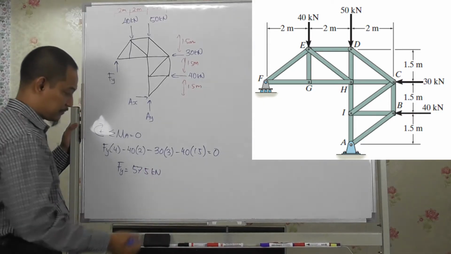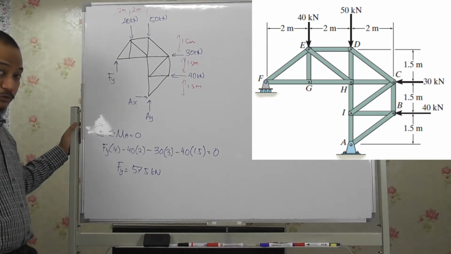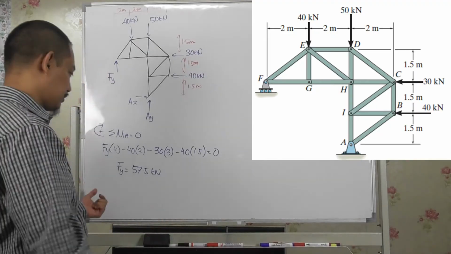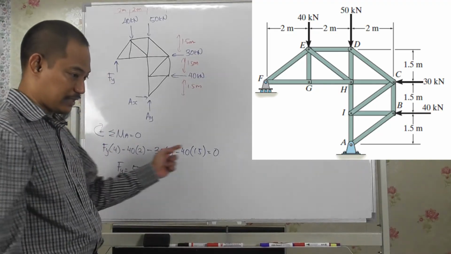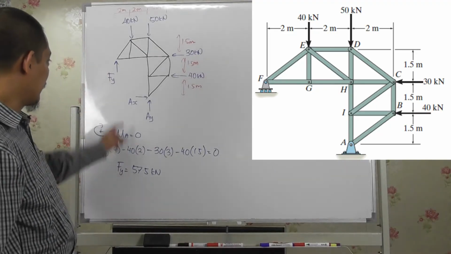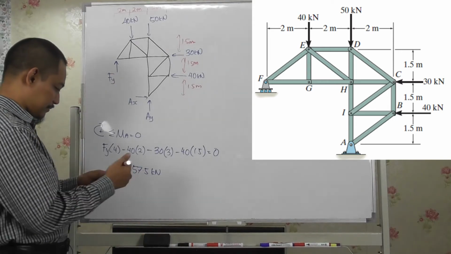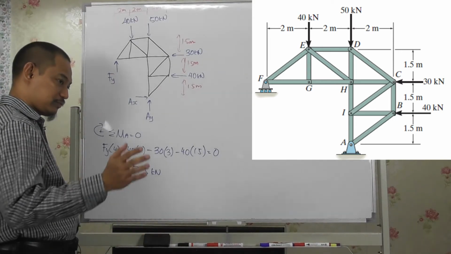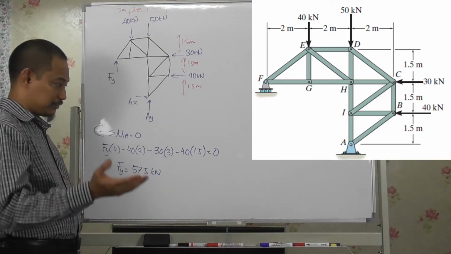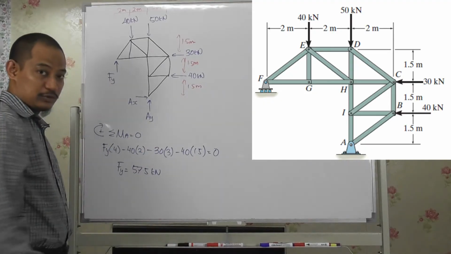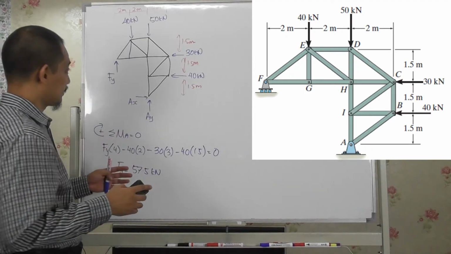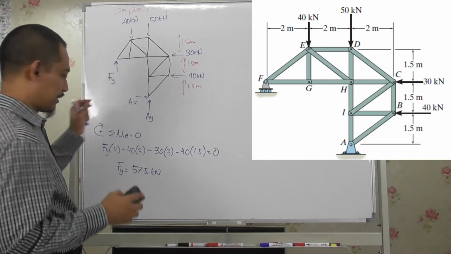Verify the answer, obviously. If you use the slide, it uses counterclockwise as positive, so obviously the sign will be different. So now I have solved this one, and because I just want to take the left side, we'll move on to the second part, which is taking the left side.